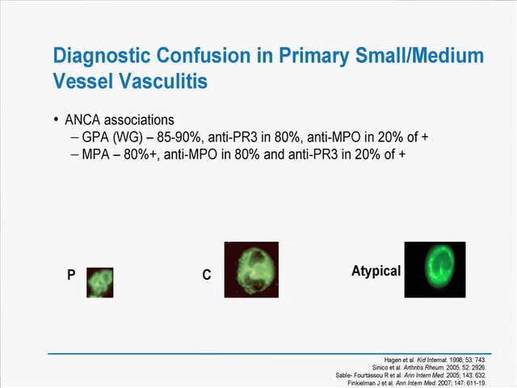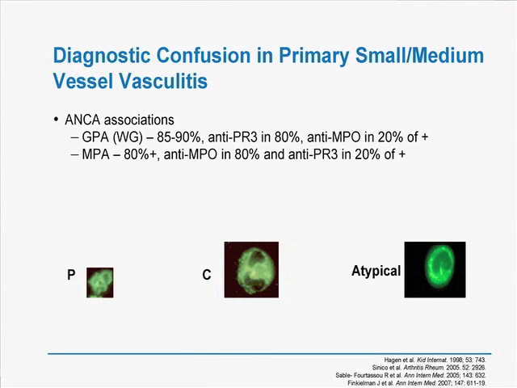Now, in the case of GPA, Wegener's, 85 to 90% of patients will have antibodies to proteinase 3 that produces this cytoplasmic pattern. And among those people who are ANCA positive, 20% will, with Wegener's, make antibodies to myeloperoxidase.